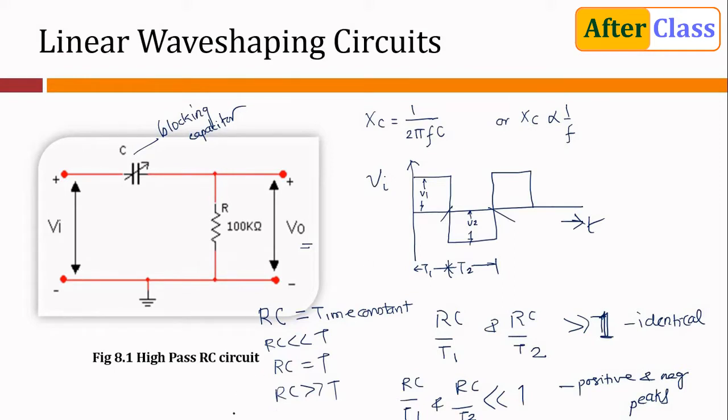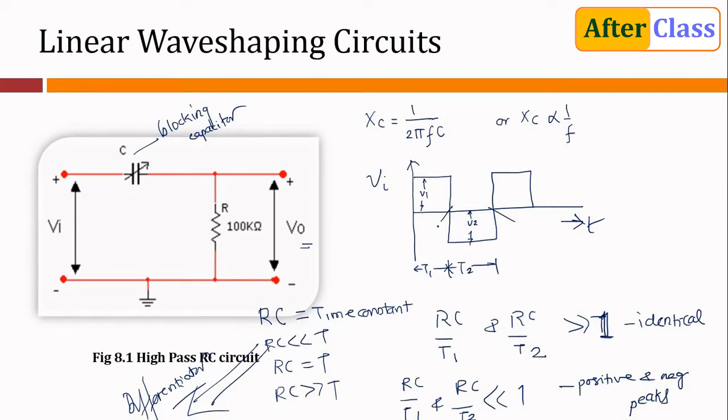So when RC is very much less than T, this circuit will act as a differentiator. All these details are explained in the theory, so you can go through it.